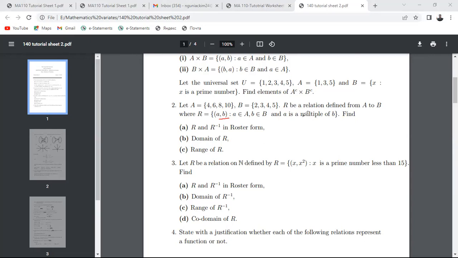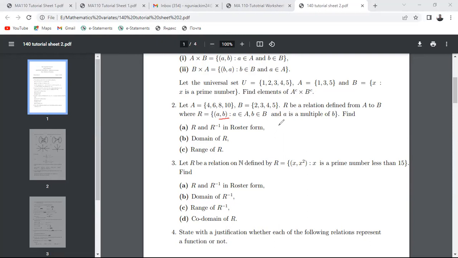So multiples of b, it is the numbers that numbers in B can go in. So we've been told a should be a multiple of b.